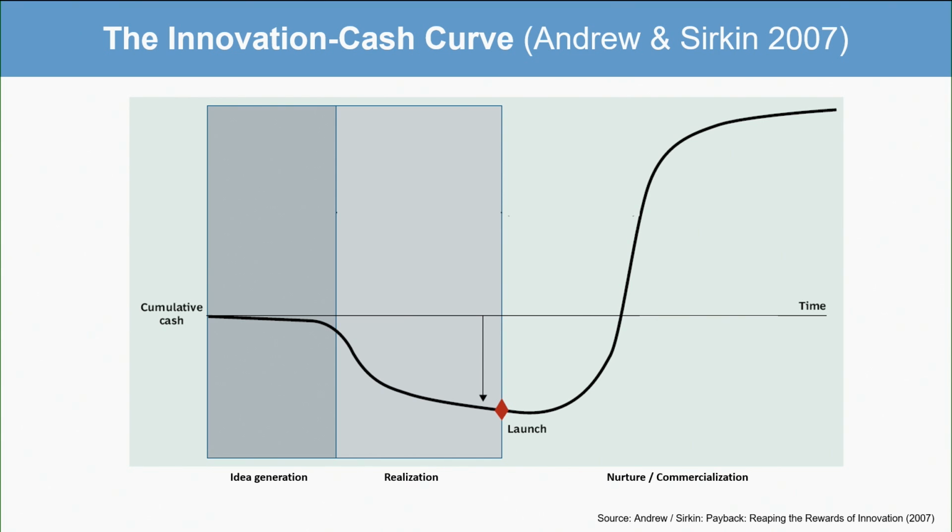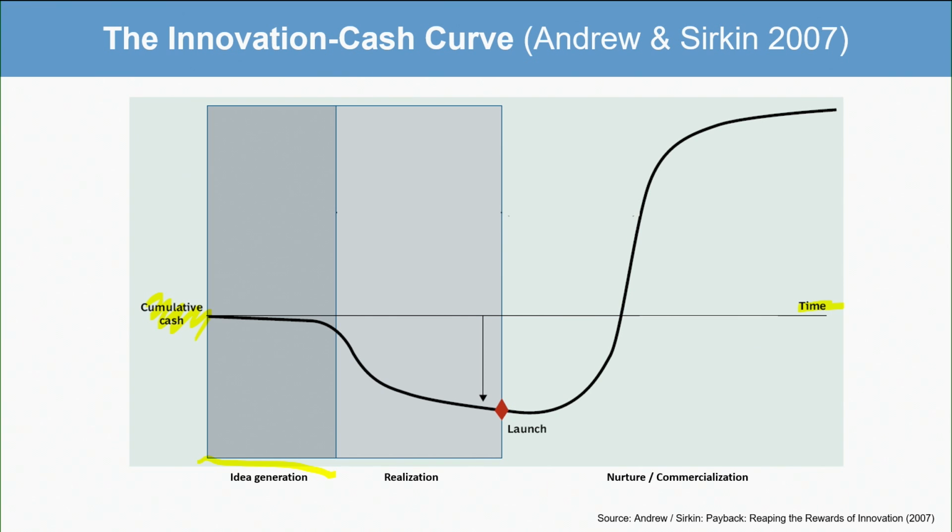What they show here is somehow the relation between time and cumulated cash. So cumulated cash means all the money you generate by launching an innovation. And of course, in the idea generation stage, and this is our front-end stage, well, these are actually activities which are pretty cheap.